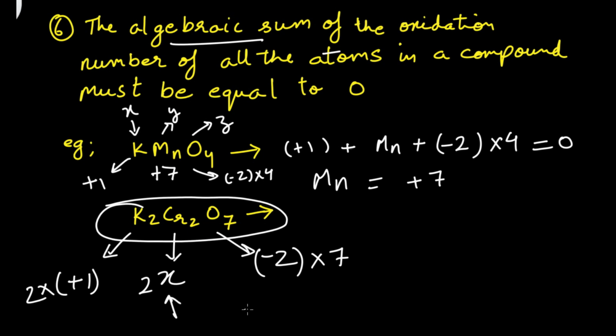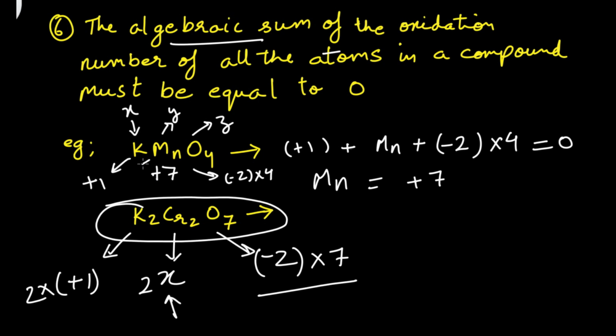This is the method to calculate oxidation number. We will use this method in the next video to take on many different examples. Remember, these are all the important rules that you need to follow to find the oxidation state of any element in the molecule.